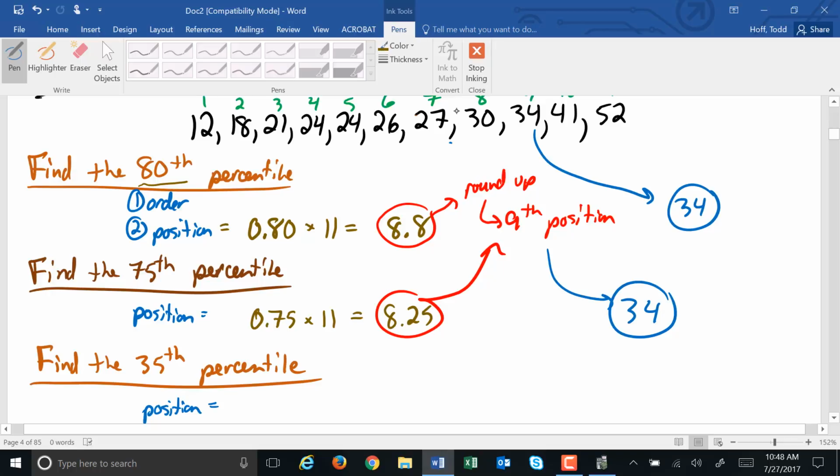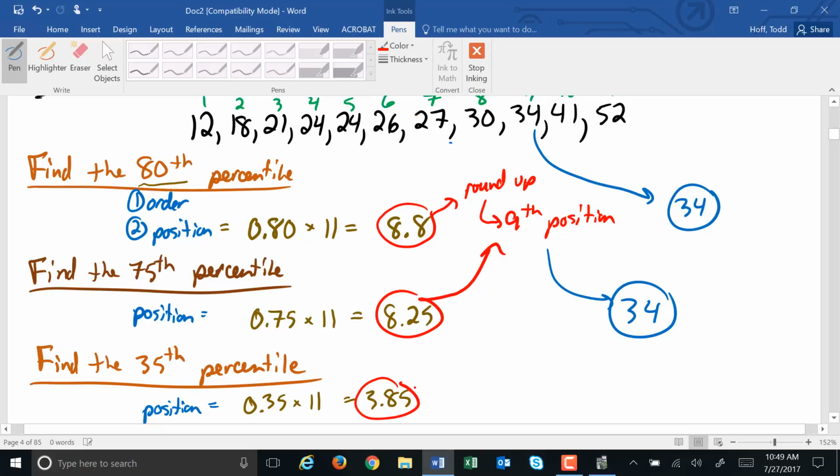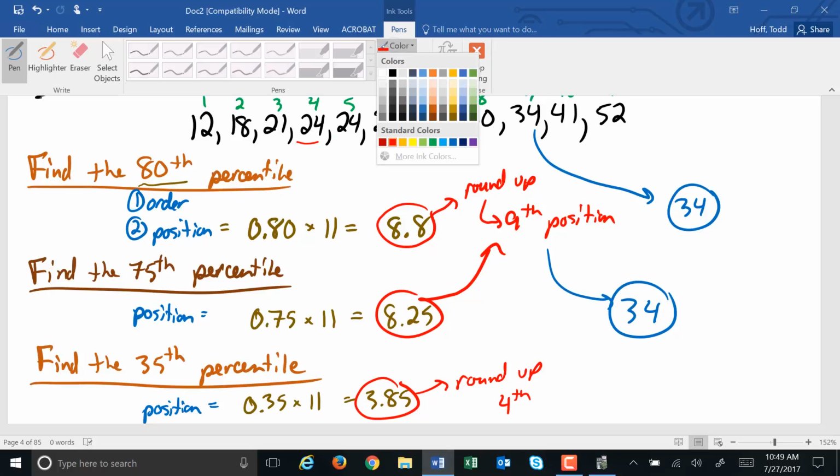How do you find the position? Multiply 0.35 times 11, which is 3.85. Of course, that is going to round up to 4. The 4th spot is the 24.